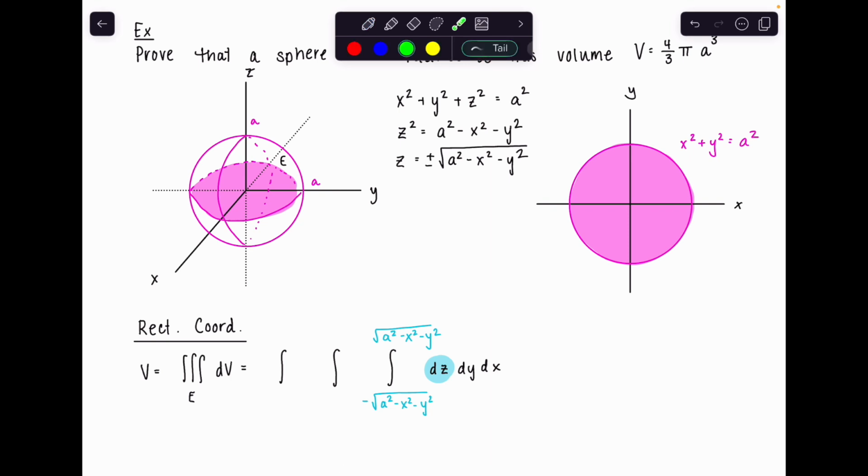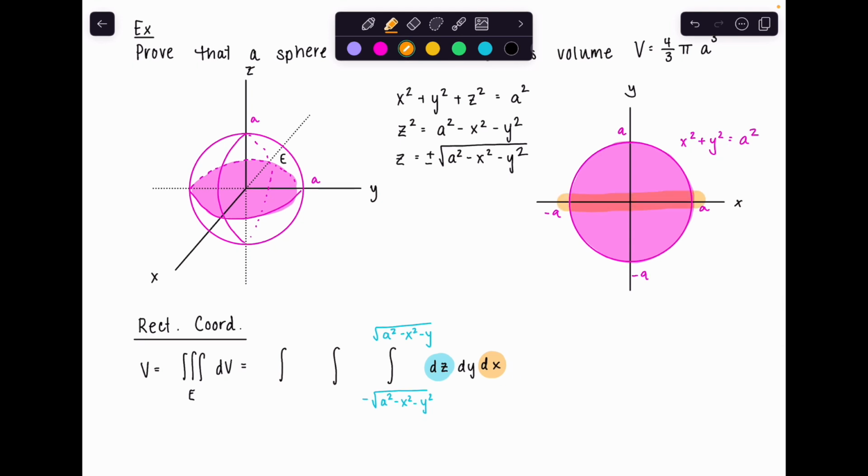Now to see what's going on with y and x, I'm going to go ahead and look at my xy plane, which is that circle of radius a. So the easier bound is going to be my x bound, because that should be constants. And so the two constants x is changing in between are negative a and positive a. So these bounds are nicer of the two. Now I need to figure out what y is changing in between, and that's going to boil down to my circle.